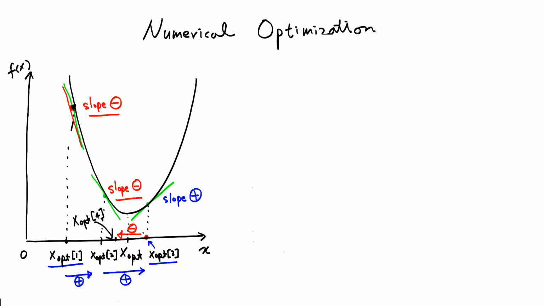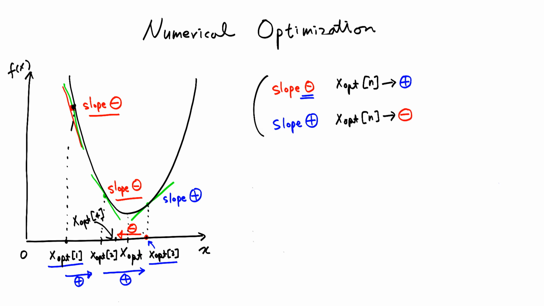So if the slope is negative, our x opt candidate, let's call it x opt of n, moves in the positive direction, which is the opposite of this negative slope. If the slope is positive, then we move our candidate in the negative direction. And mathematically, this can be expressed like this.